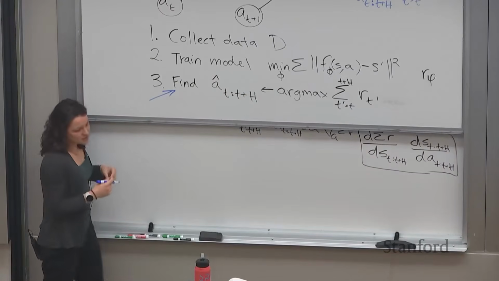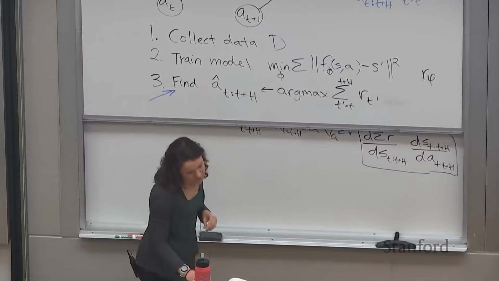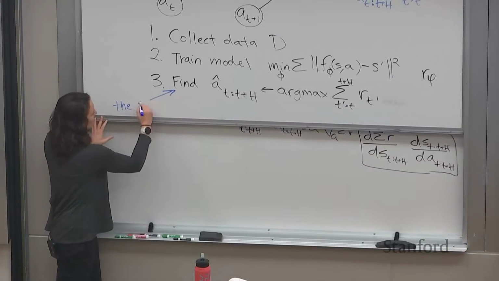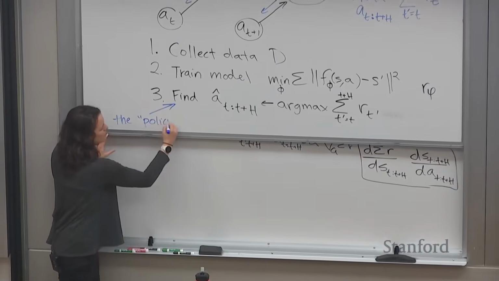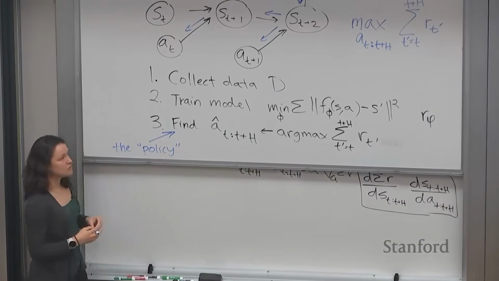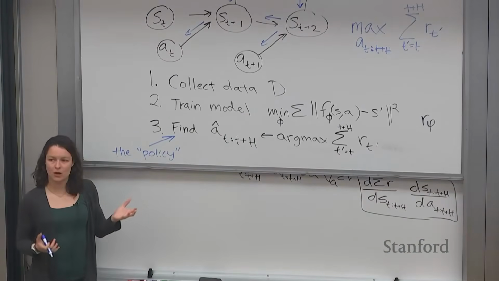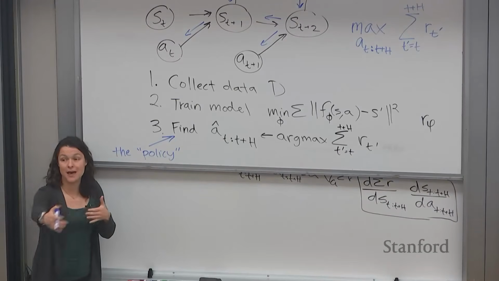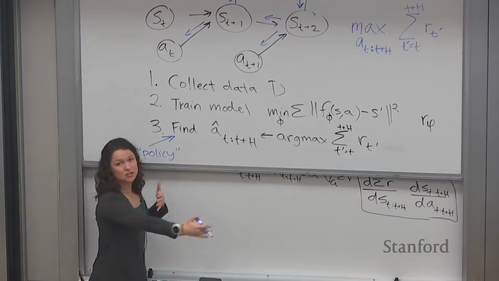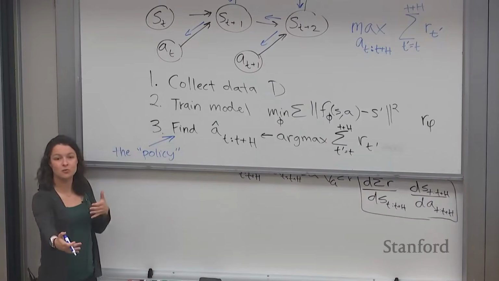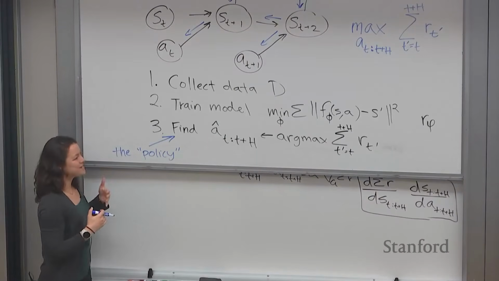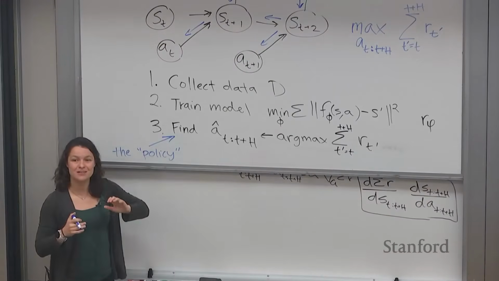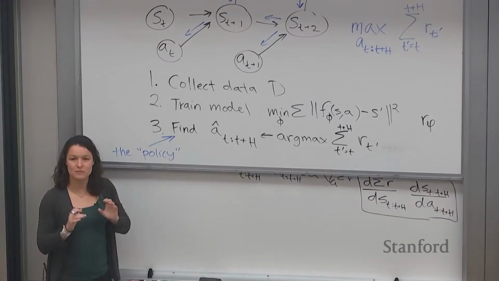This is the policy, in quotes. And this is what we call planning, where at every single state, we're going to be planning forward and thinking ahead: what are the actions I should consider that I think will lead to good reward? And so we'll be doing this optimization process at every single state when we're doing planning.